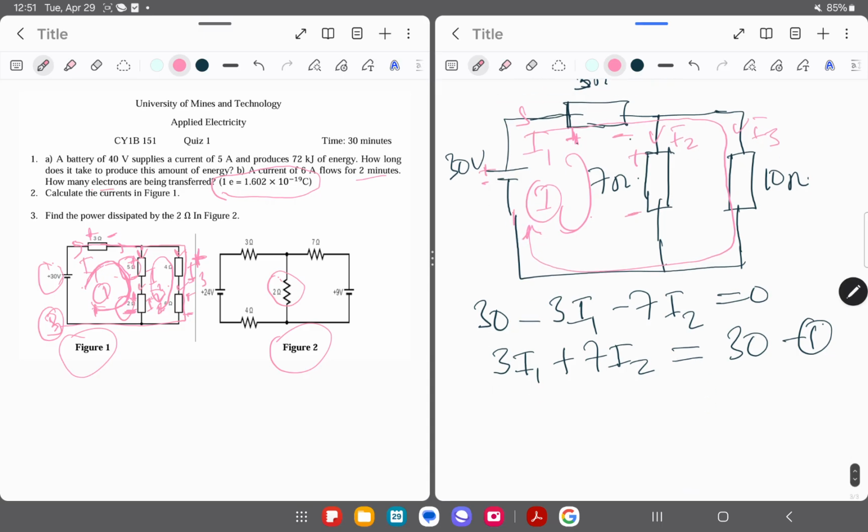So with this, applying Kirchhoff's law to loop 3. Let me label this 3. That's my third loop, I'm considering it to be loop 3.